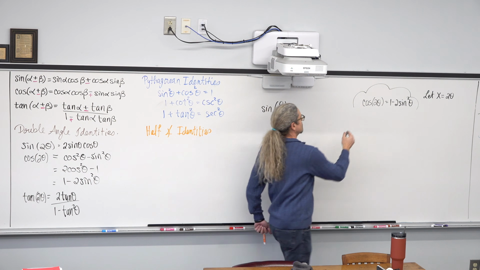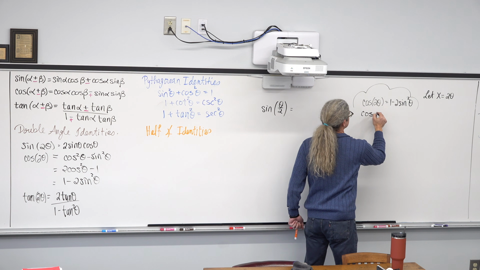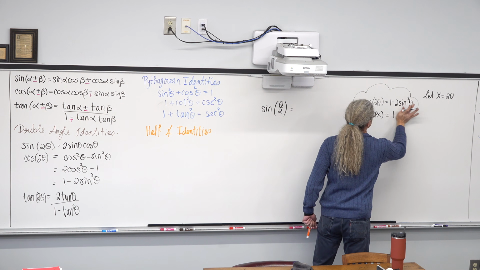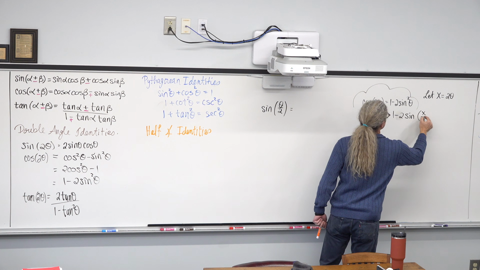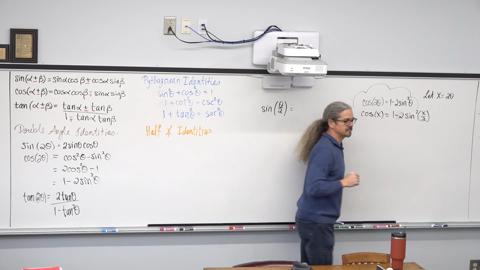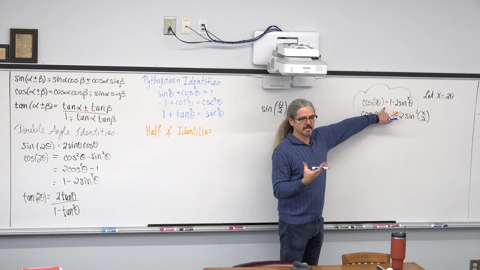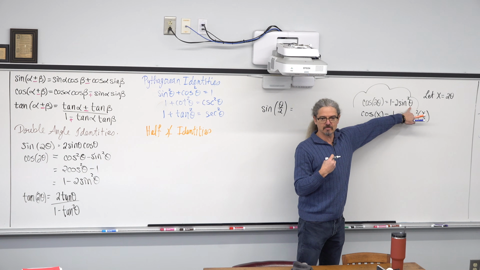Then we've got the cosine of x is equal to 1 minus 2 sine of x over 2 squared. This double angle identity arguably is a half angle identity. It's just not solved for that smaller angle or the trig function that has that smaller angle.